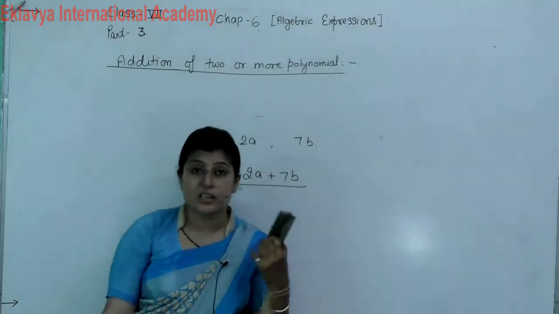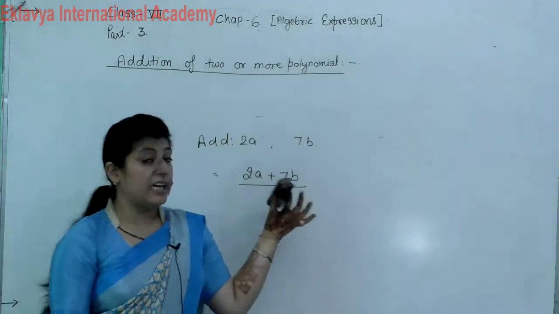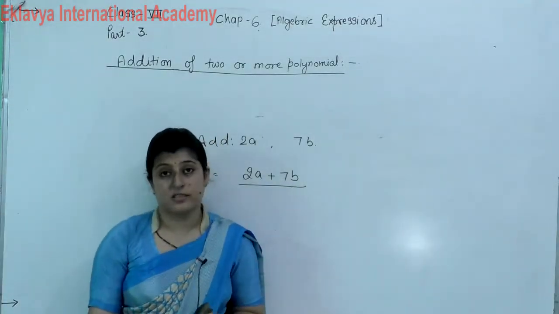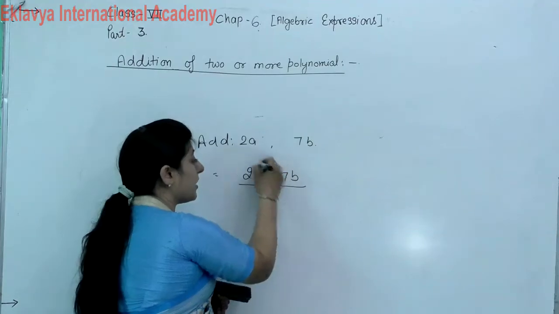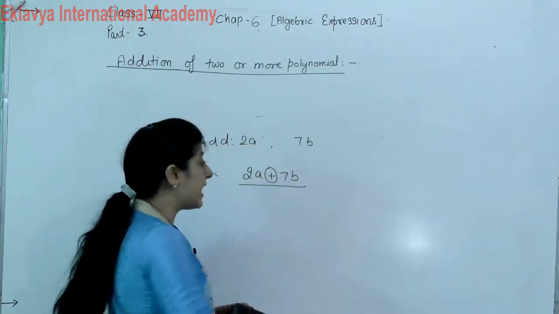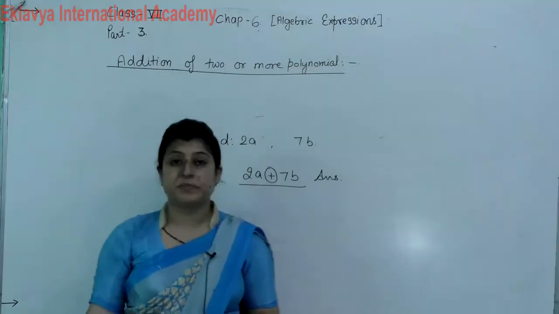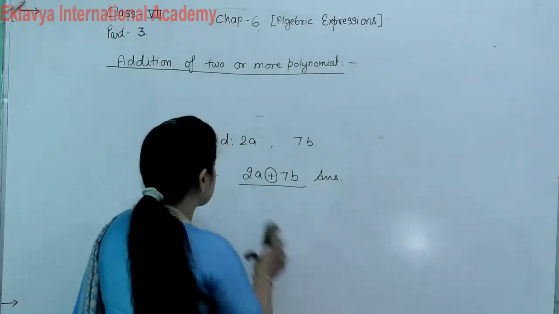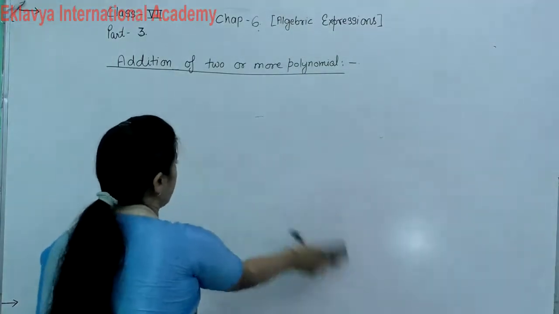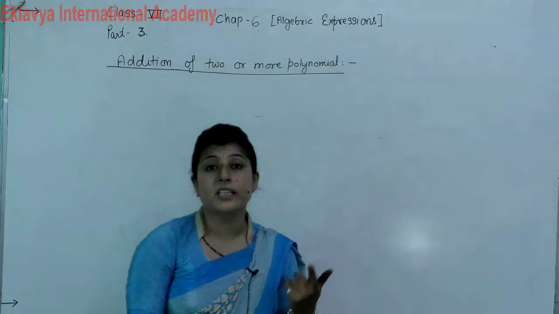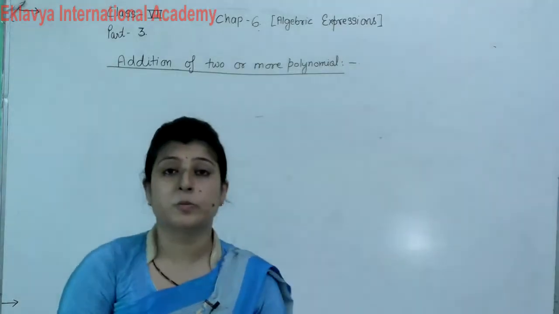We can't apply anything else to this. Just apply the addition operation and write down your answer, 2a plus 7b. This is the addition when only monomials are given to you.